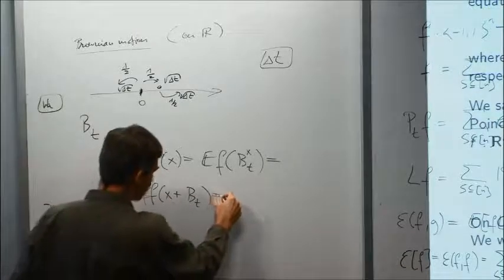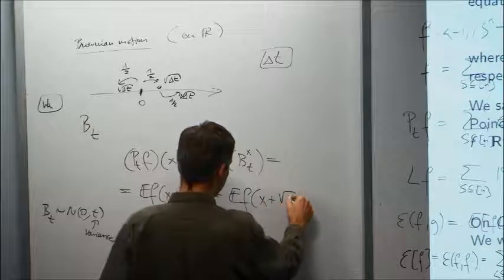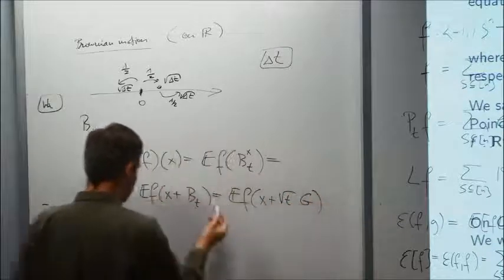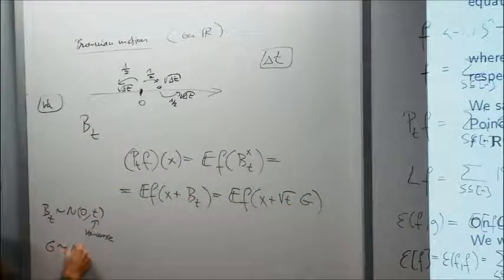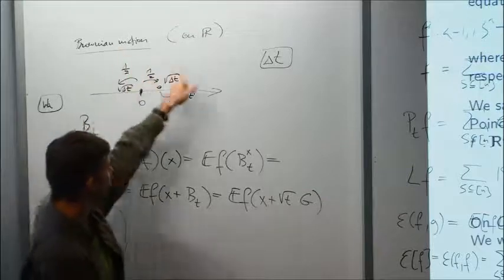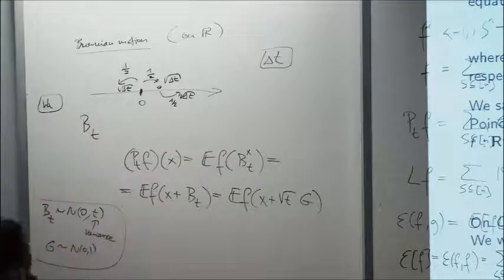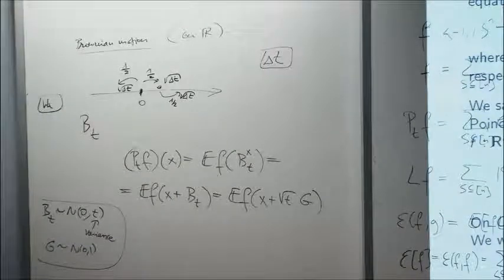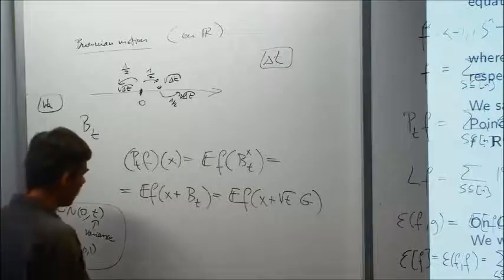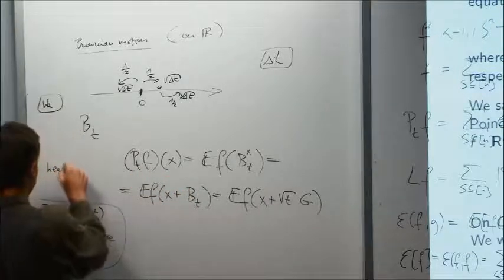So this expectation is nothing else than the expectation of f(x + square root of t times g), where g is the standard Gaussian random variable N(0,1). This is just a consequence of the construction of Brownian motion as such a limit of Rademacher plus-minus sums, and using the central limit theorem. Nothing complicated here. Okay, so this is our semigroup. This is called the heat semigroup on the real line.